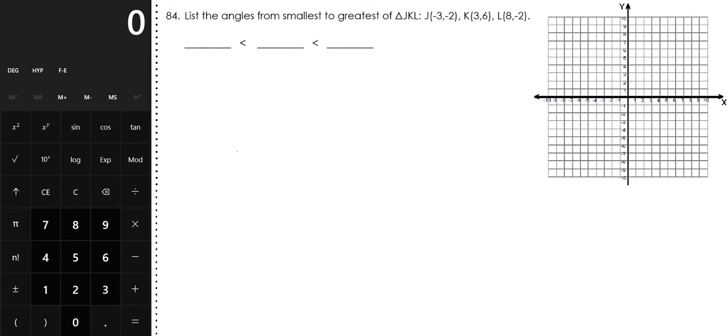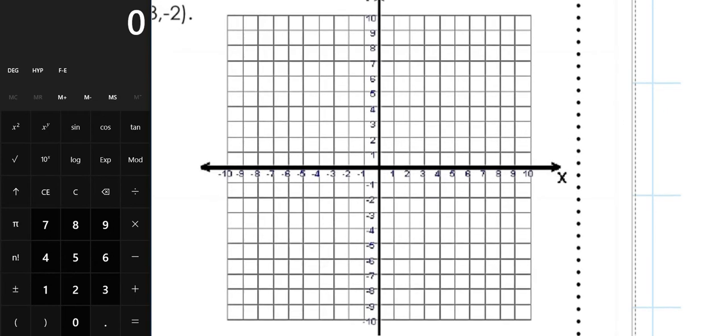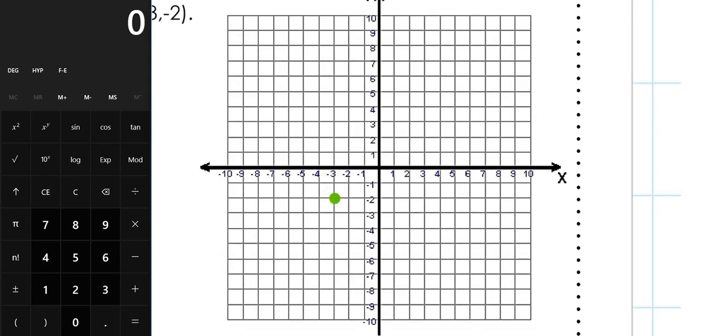I'm going to zoom in on my graph so I can plot my points. Okay, so J is at -3, -2. K is located at 3, 6. And then lastly, L is at 8, -2.